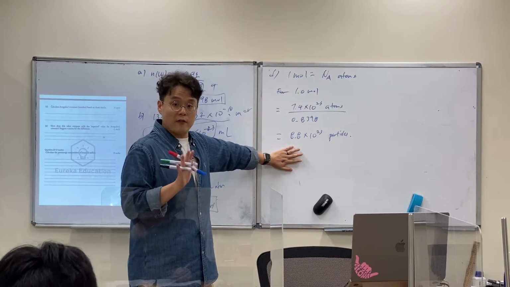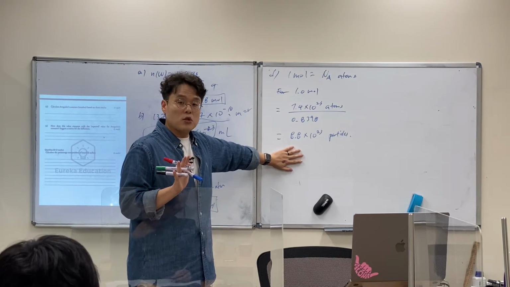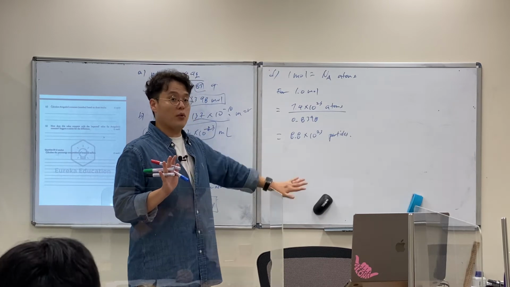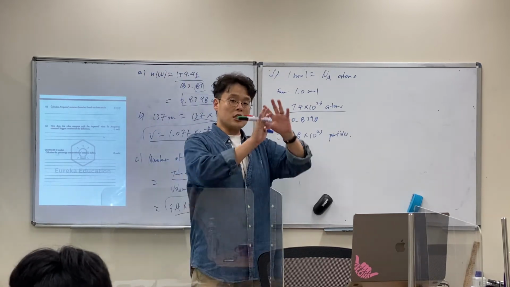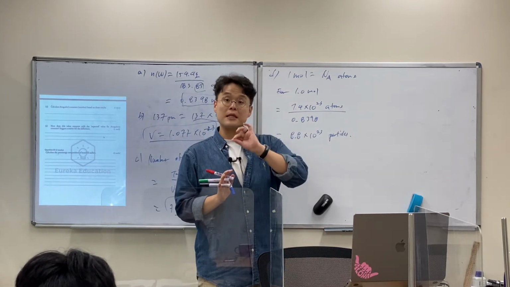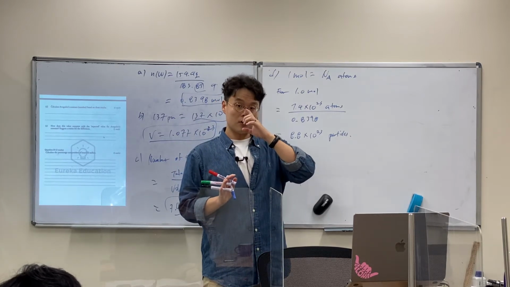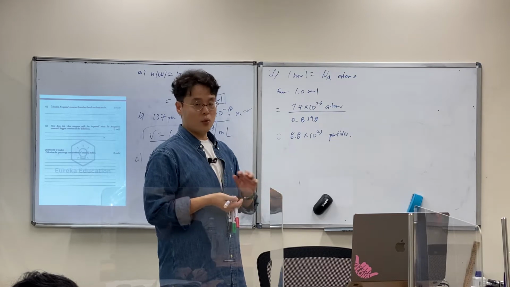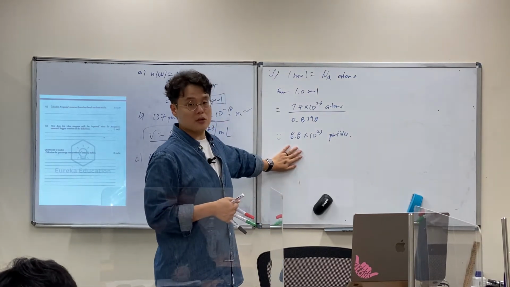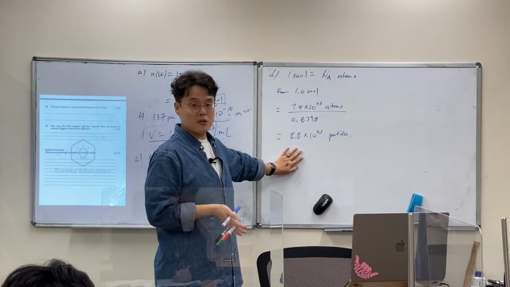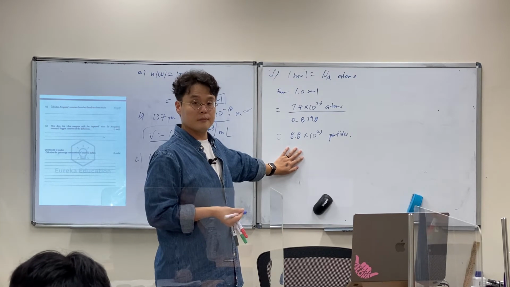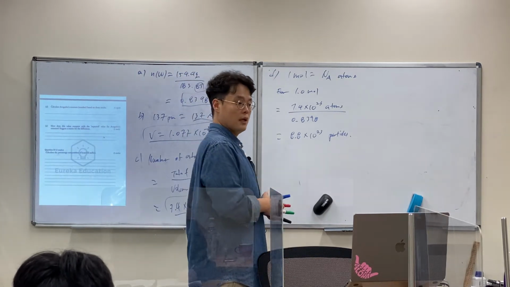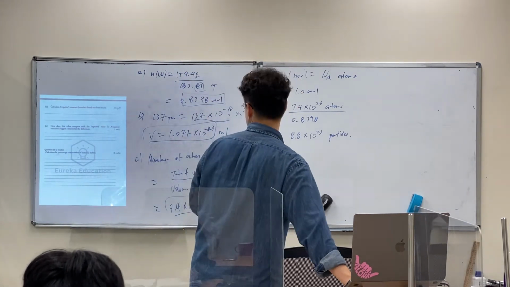And why is that? Because we didn't really count the spherical shape. There could be some empty spaces, so there are some mistakes in the volumes. Therefore, we are having a greater number of particles than the actual Avogadro's number. Make sense? Okay. That's the answer for E. By the way, it's only a 1 mark question.